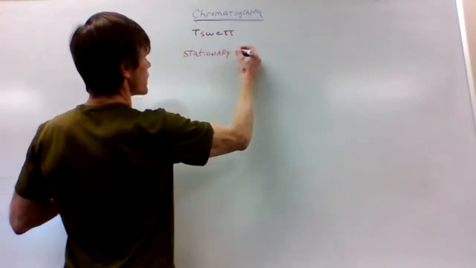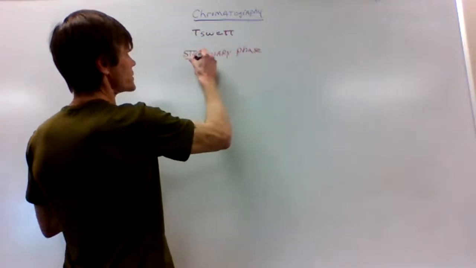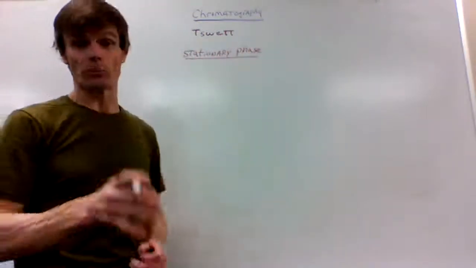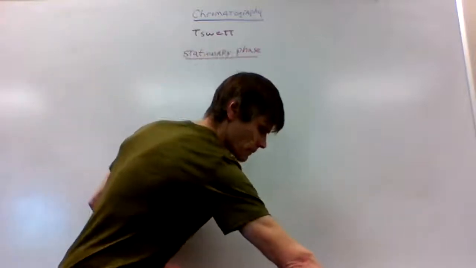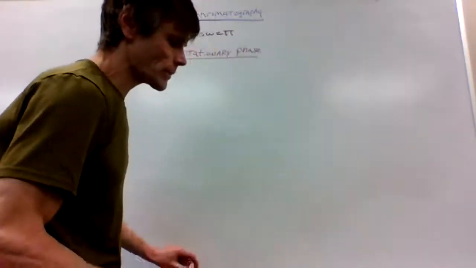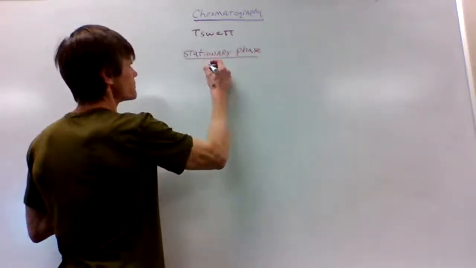And as the name implies, it's going to be a supported phase that doesn't move. It's stationary. Now, the stationary phase is typically going to be a solid or a liquid.